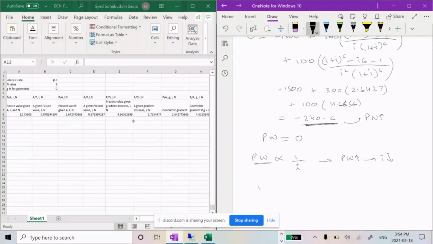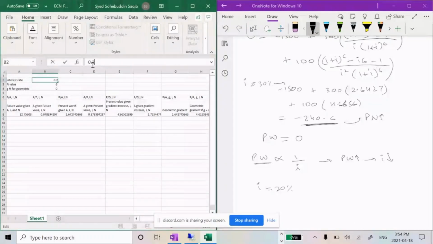So let's use some other I. This was for I equals 30%. Now I equals 20%.